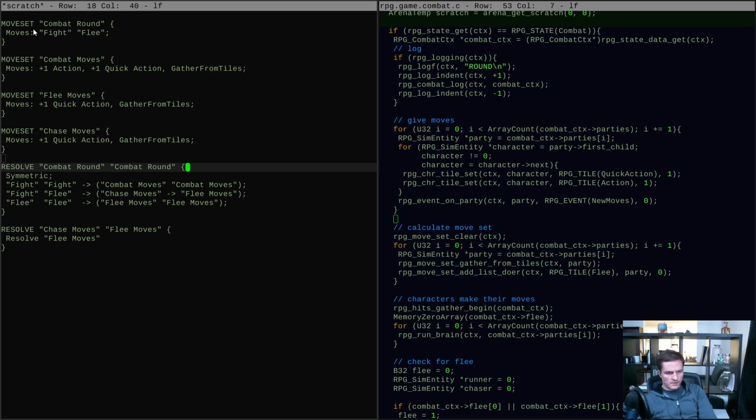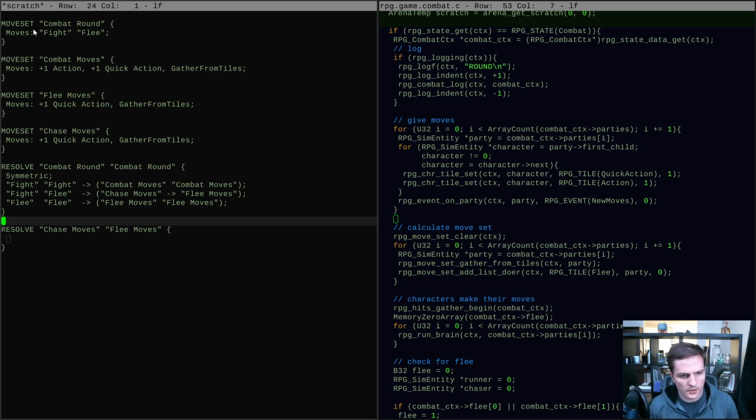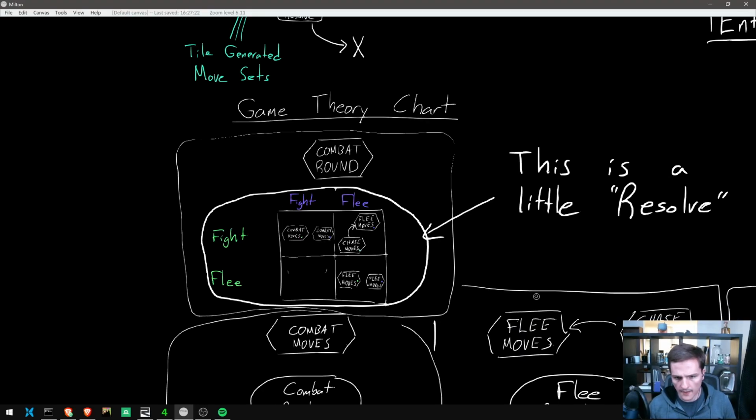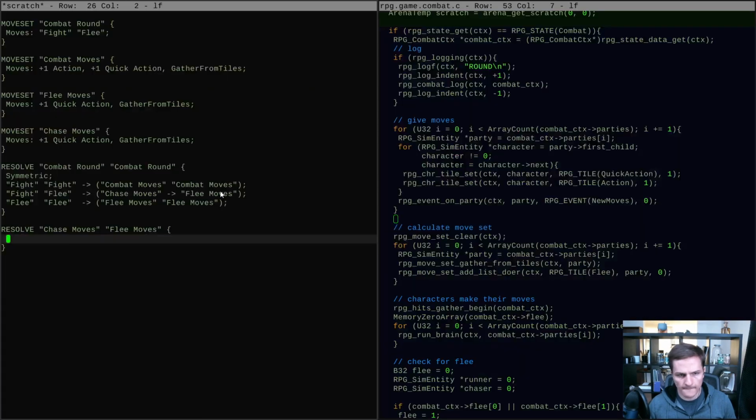Right, so these resolves aren't actually just about the resolution. The resolve is just about the resolution of the decision, right? So that's why this is weird. This is just some code that decides where to transition next. So let's look at combat moves first.